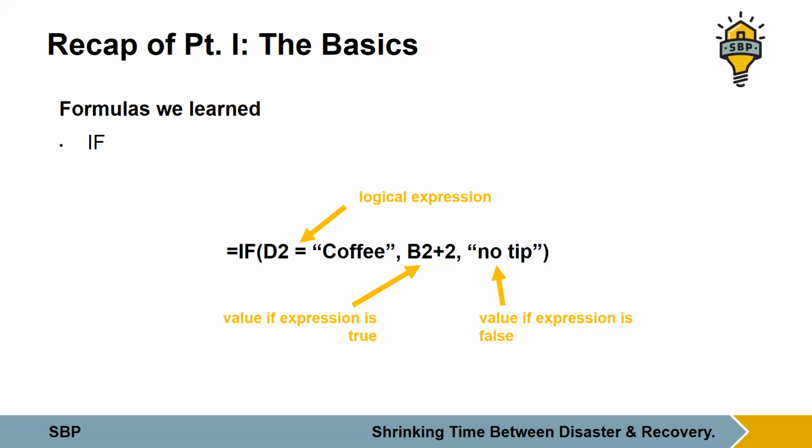So if D2 equals coffee, then the first value after the comma will be what it would return if it was true, and the second would be if it's false. So if D2 equals coffee, then return B2 plus 2. If D2 does not equal coffee, then return no tip.